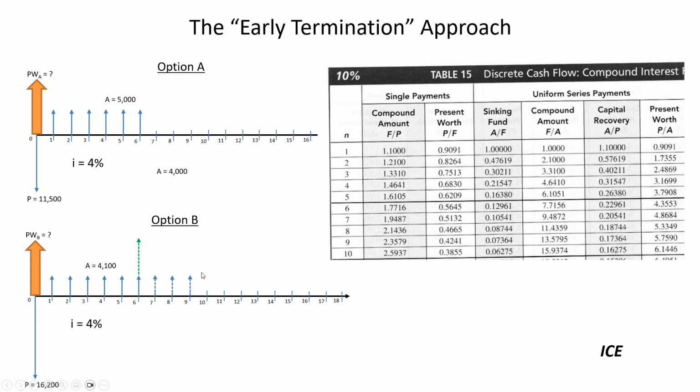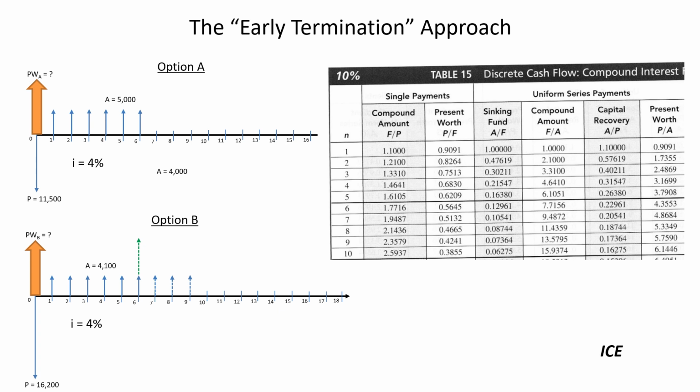So in the case of early termination, what they'll normally tell you in the problem statement is how much you can sell the equipment for if you sell it after 1 year, after 2 years, and 3 years. So the value of the equipment each year that you've owned it is going to decrease. That's a concept called depreciation, which we'll talk more about later in the semester. But in simplistic terms, just as equipment becomes more worn out and has less of a remaining useful life, the market value of the equipment is lower.